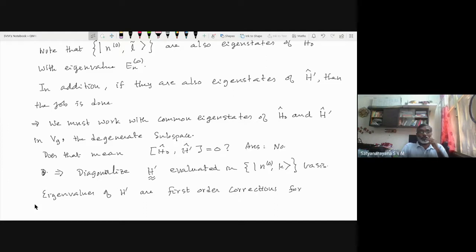So you are going to have g eigenvalues, right? Note that H prime is a g by g matrix and will have g eigenvalues.